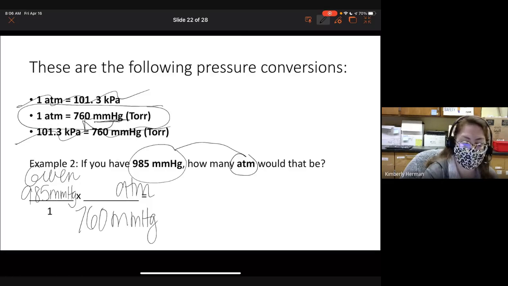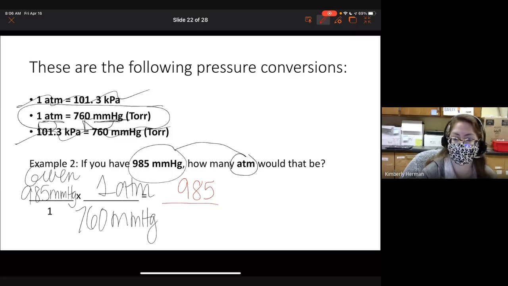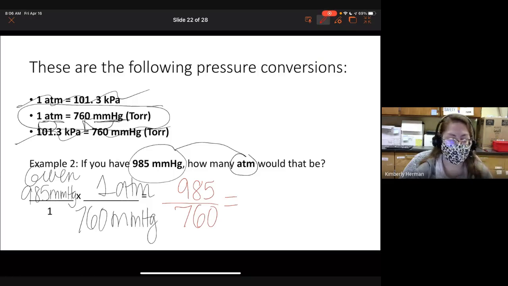And then I'm going to find atm. I look in front, and I put 1 here. So we're going to have to divide on this one again. So let's multiply the top. Awesome, we get 985. Let's multiply the bottom. Awesome, we get 760. So we're going to do 985 in our calculator divided by 760.